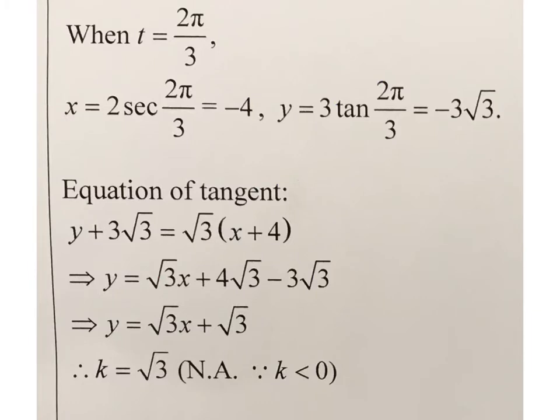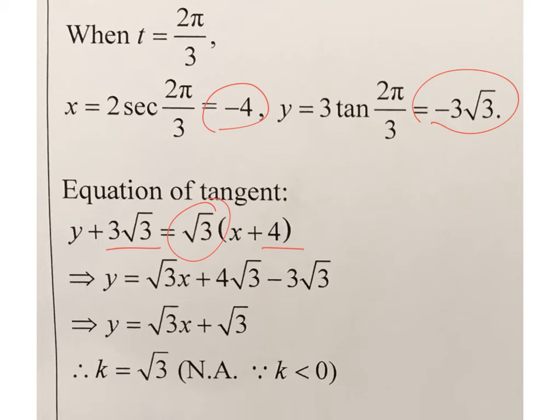So here it is. When t equals 2 pi over 3, you have the x value to be negative 4 and the y value to be negative 3 root 3. Likewise, sub this into the equation of the line. So these are the x and y values as well as the gradient.